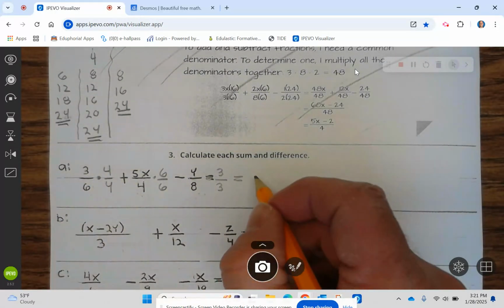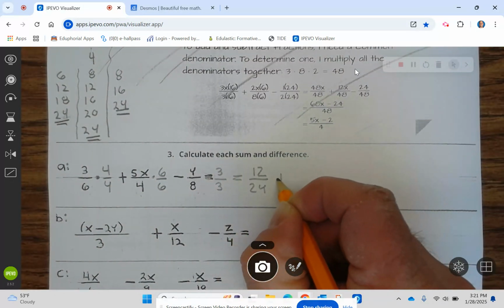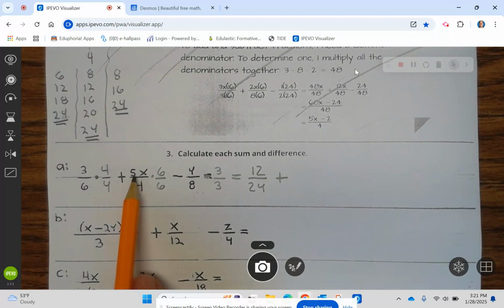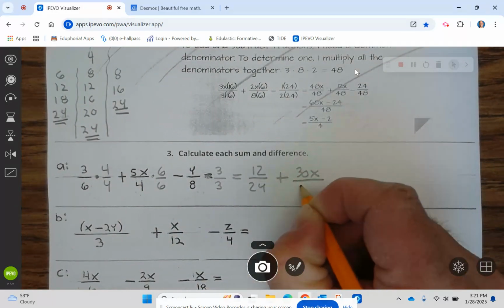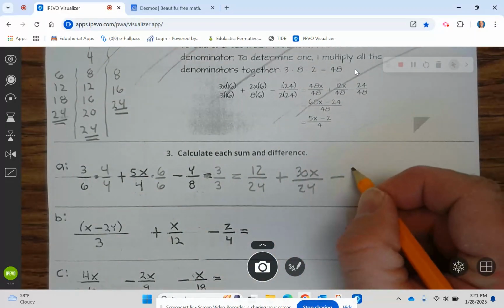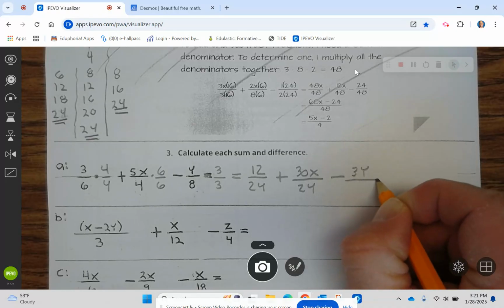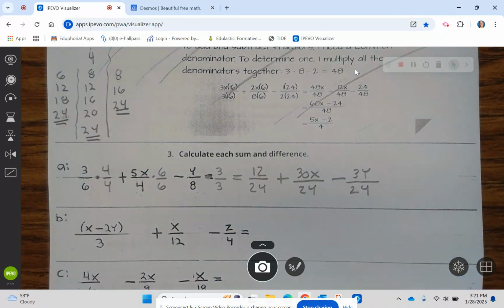So this becomes 12 divided by 24 plus 30x divided by 24 minus 3y divided by 24. All right, go ahead and finish up A.